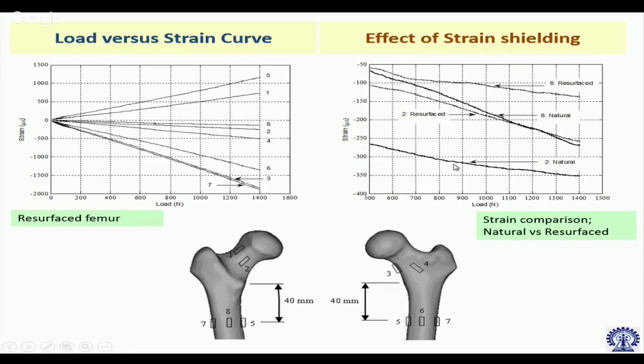The same is here. You can see the natural case, strain gauge number 2, and there is a substantial difference in the strain outputs after implantation, which basically symbolizes strain shielding. But remember, these are outputs measured on the surface of the bone specimen.